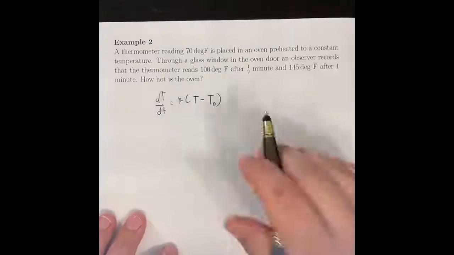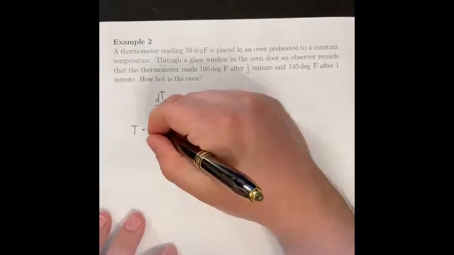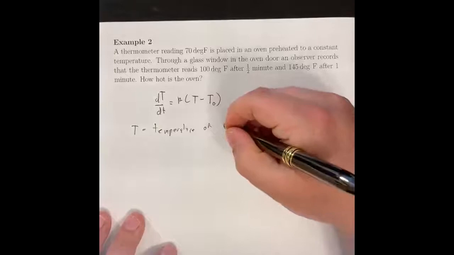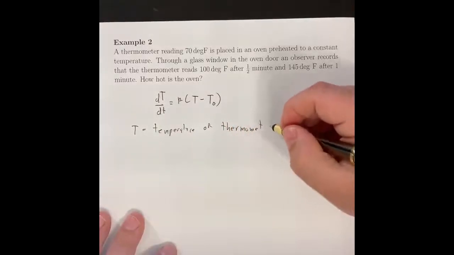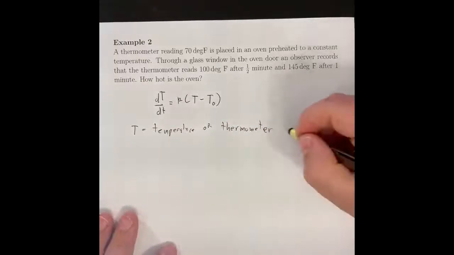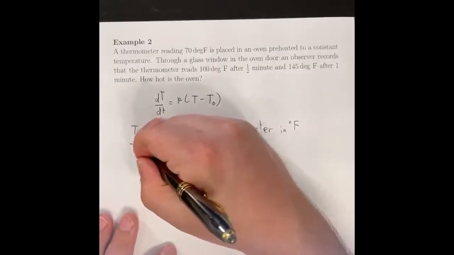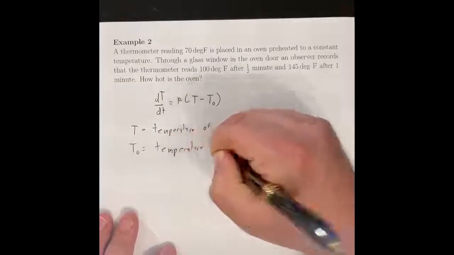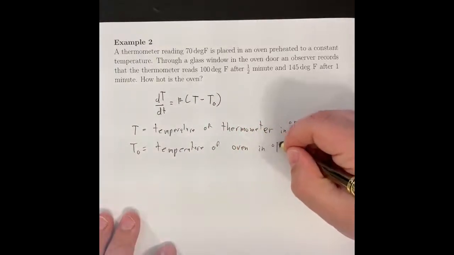So in this case, T is the temperature of the thermometer. And if we're going to be careful, in degrees Fahrenheit, T sub 0 is going to be the temperature of the oven. Again, in degrees Fahrenheit.